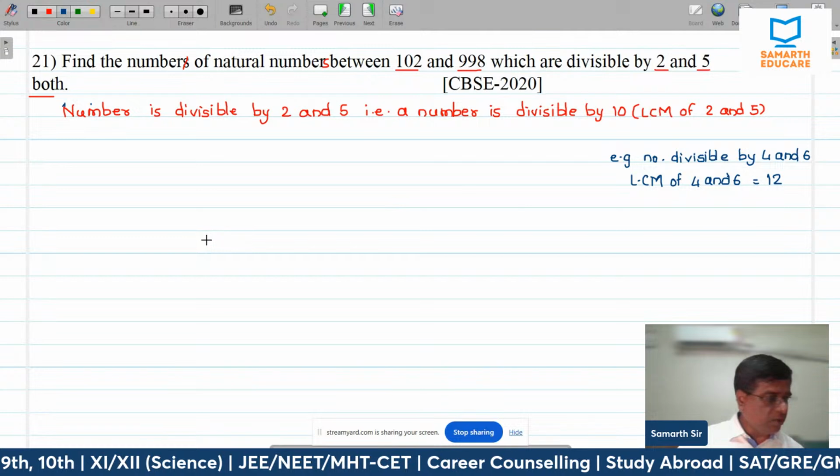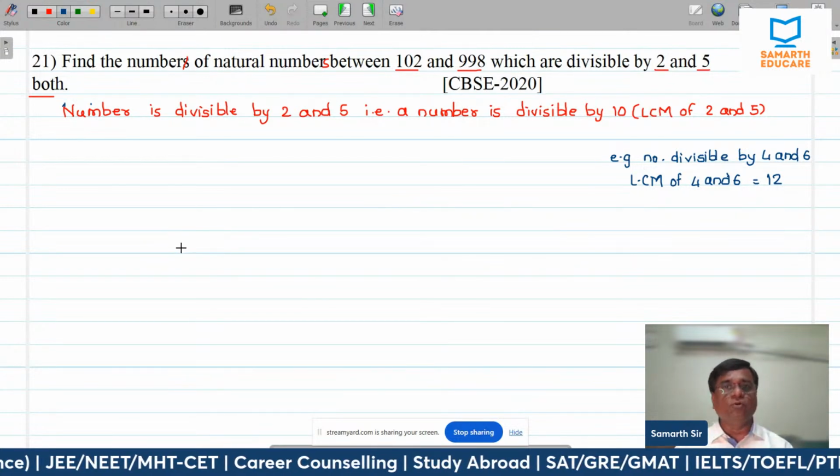So you will have to find out the numbers which are divisible by 12 and not 24.